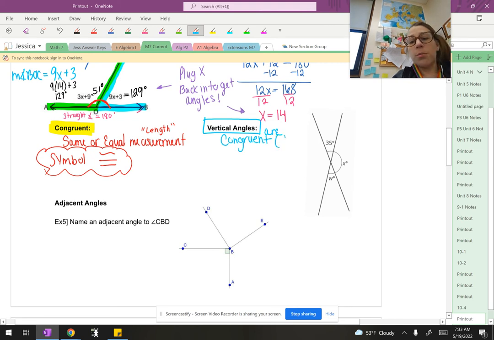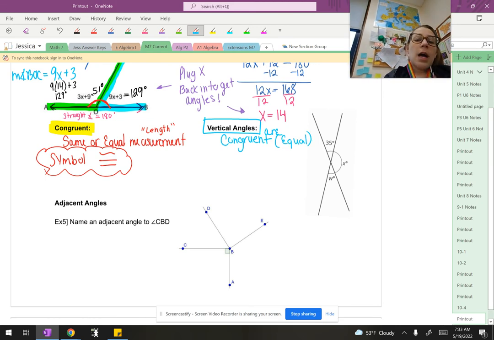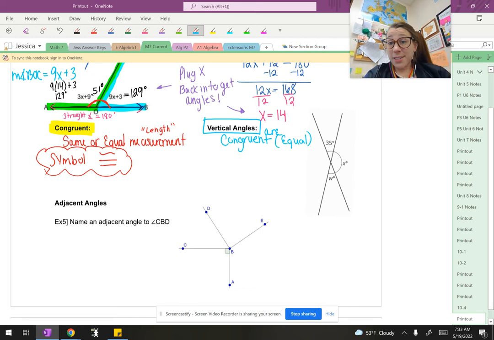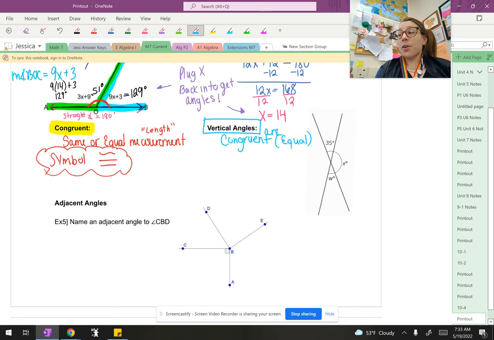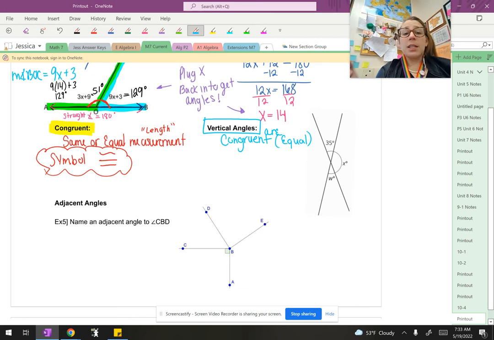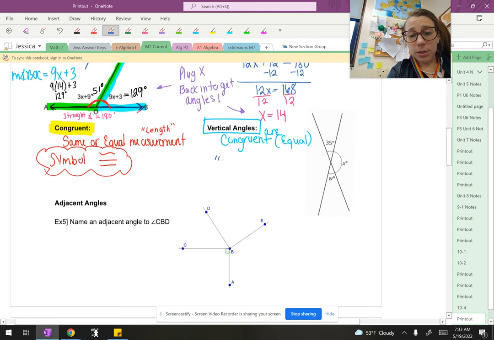And remember, congruent means equal. The only trick is that you have to be able to identify vertical angles in a diagram. Vertical angles in a diagram are basically just opposite or across from each other.